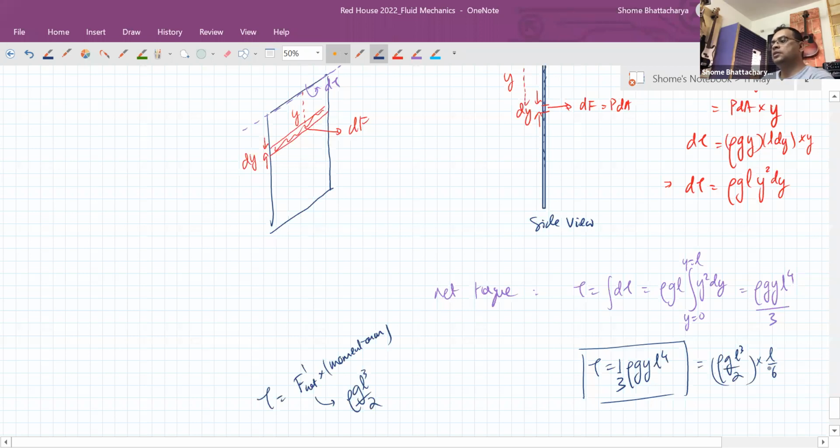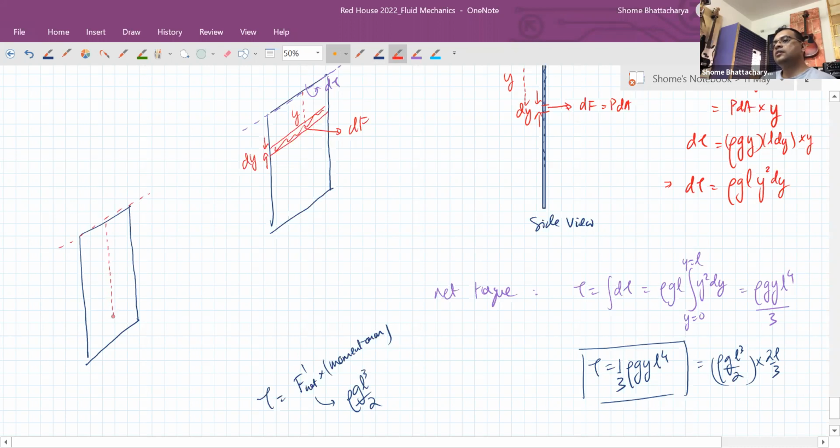Sorry, into 2L by 3. So that means the center of force will be from the top edge at a depth of 2L by 3.